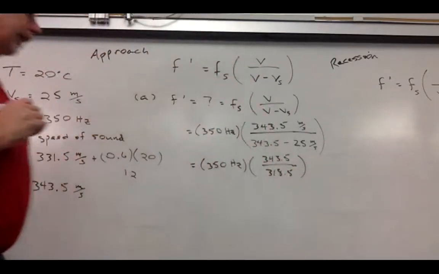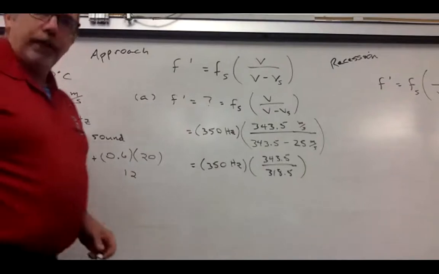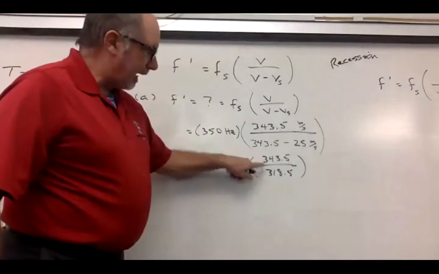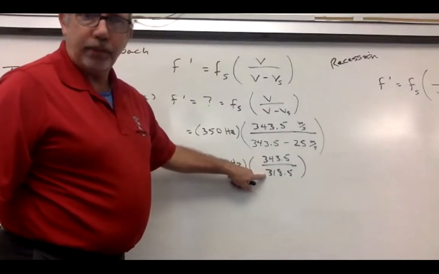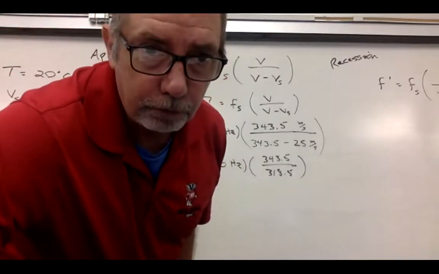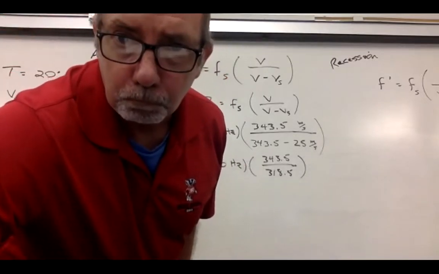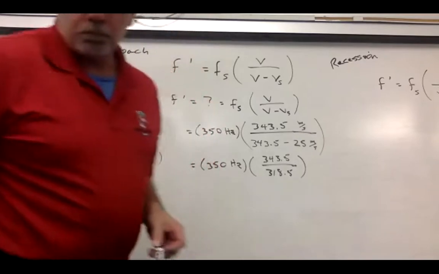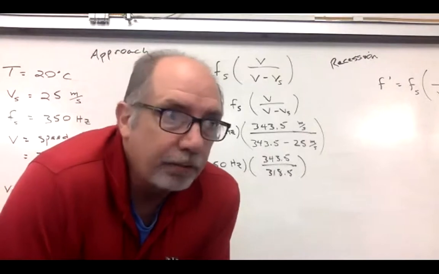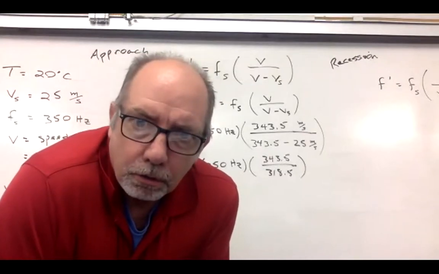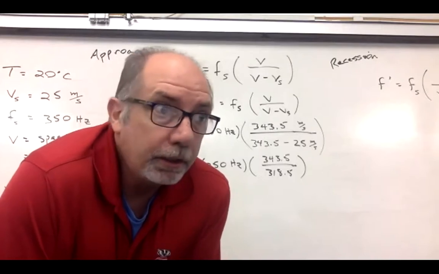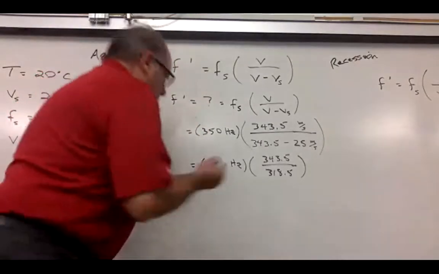Okay, chat window time. What is 343.5 divided by 318.5? What is that? I need your help, calculators. 1.08. Thank you, Christopher. Is that confirmed? 1.08. Need a confirmation on that. Yes? Okay. 1.08.